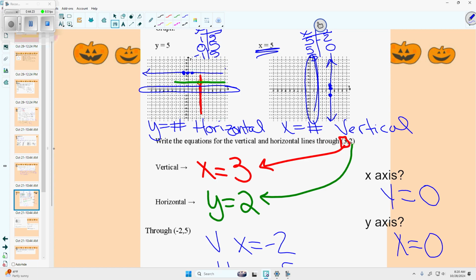When you're done writing that extra note, on the top of the next page I need you to graph y equals 5, y equals -1, and x equals -4. Graphing the lines, top of the next page.